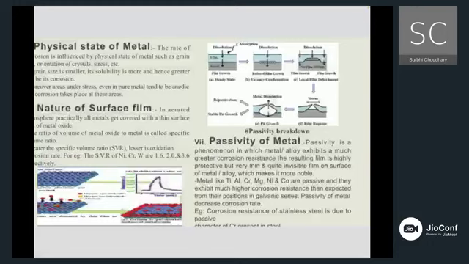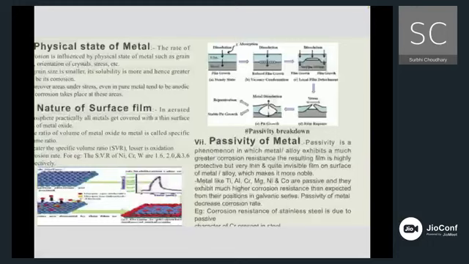Similarly, on the contrary, if the corrosion product is found to be insoluble in the medium, then it makes a barrier and covers the cathode, so that the rate of corrosion will decrease. It acts as a barrier.